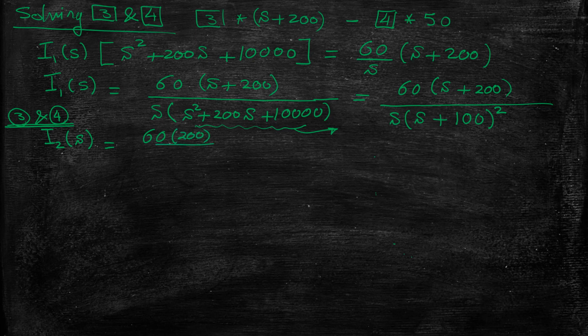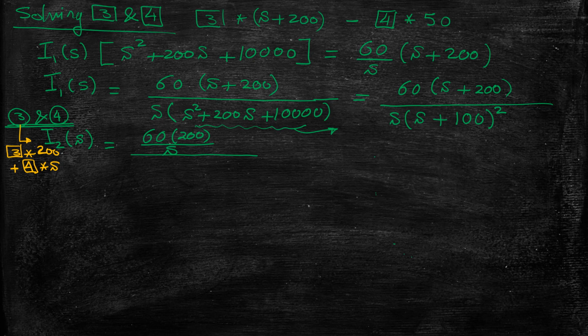I'll do the same procedures, but right now equation number 3 will be multiplied by 200, and equation number 4 will be multiplied by S. I1 will cancel out, and then we'll end up with just I2.